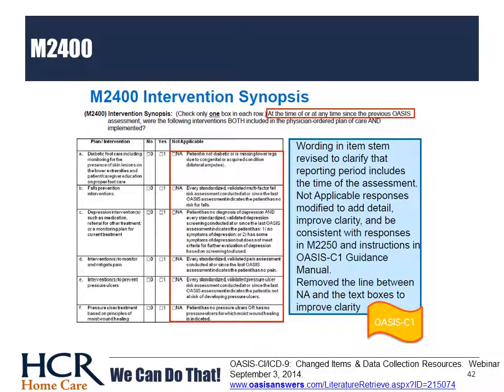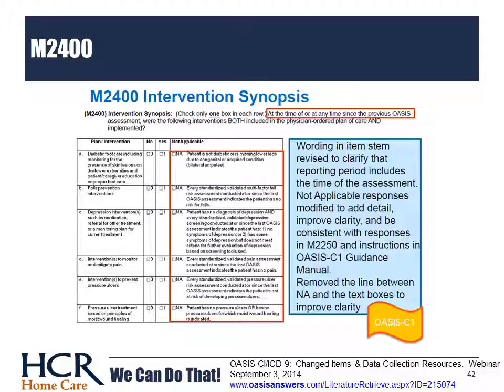Okay, now looking at M2400, the intervention synopsis item that is answered at transfer and discharge. This question has had a clarification on the time point, so now it will read, at the time of or any time since the previous OASIS assessment, were the following interventions both included in the physician-ordered plan of care and implemented.